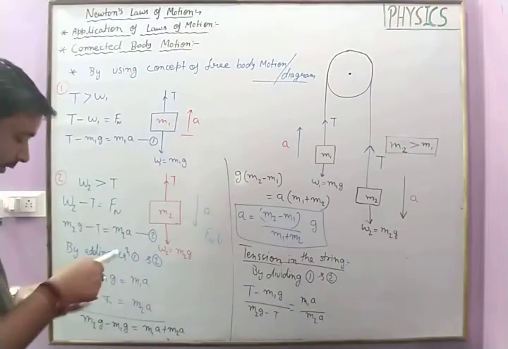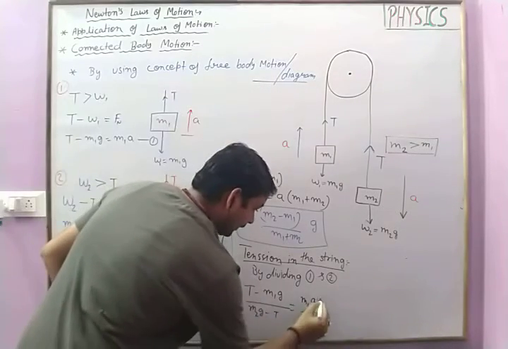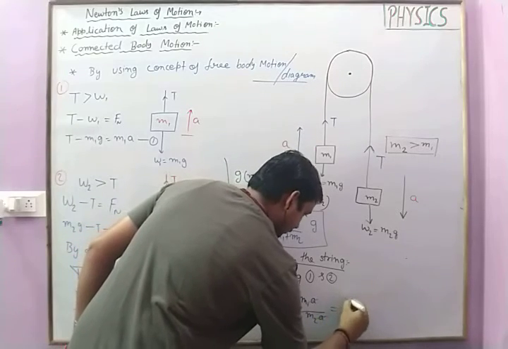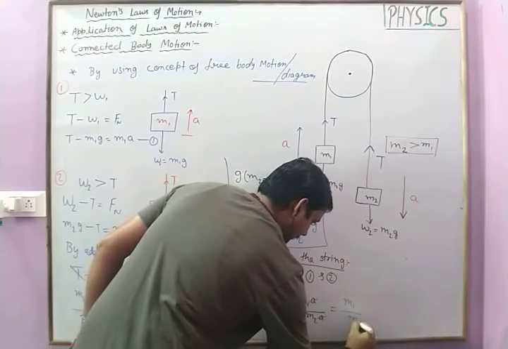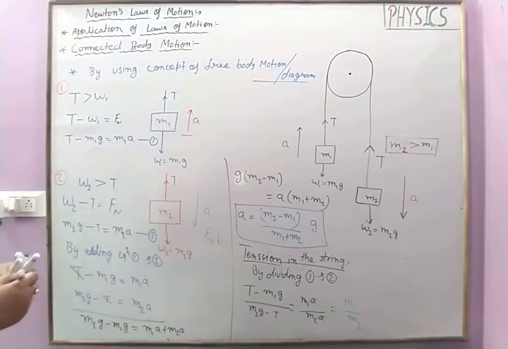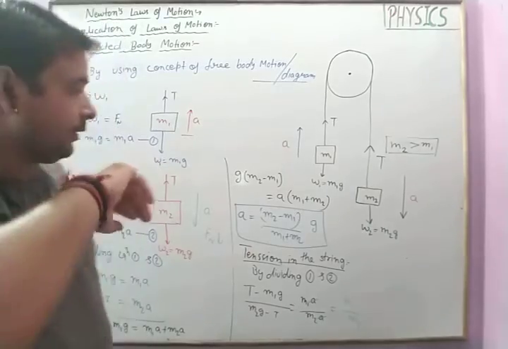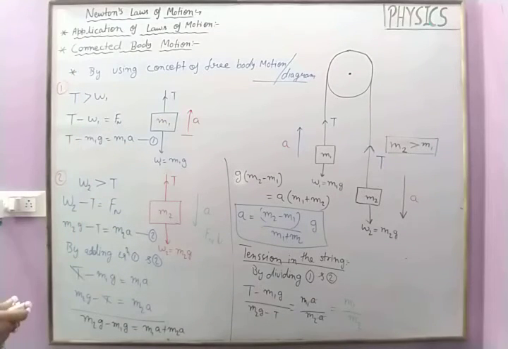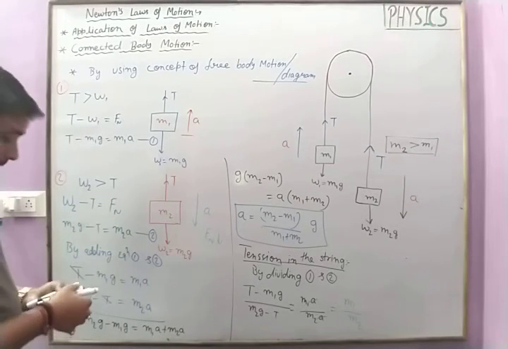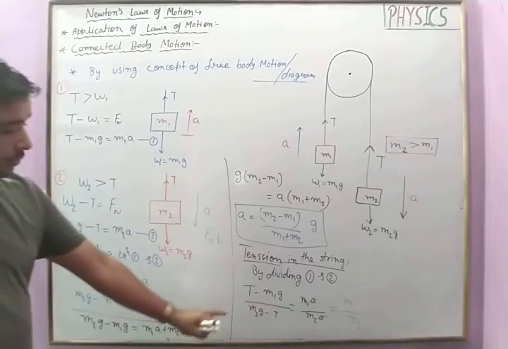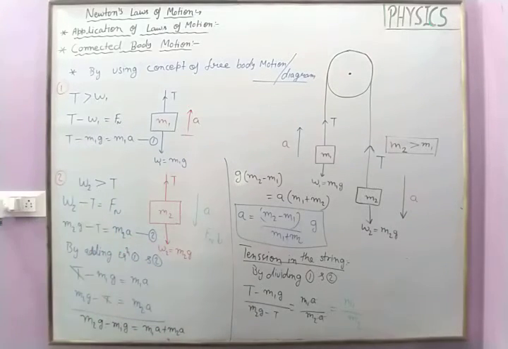Now students, here a is cancelled, then we get this is equal to m1 upon m2. By using cross multiply. Just copy till this point, then we are moving for the calculation of tension.